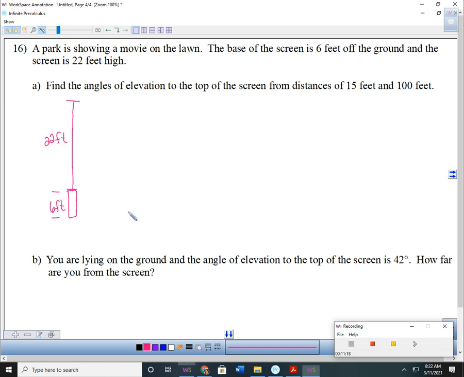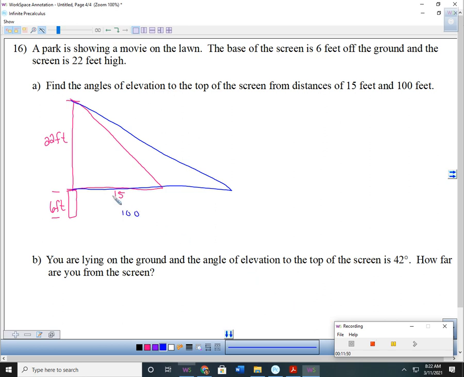Find the angles of elevation to the top of the screen from 15 feet away and 100 feet. So in other words, someone's sitting closer to the screen and someone's sitting farther away, right? So let's say that this is the 15 foot to the top. And then you have another person, and I'm going to draw this in blue, that is 100 feet away. This is not drawn to scale.